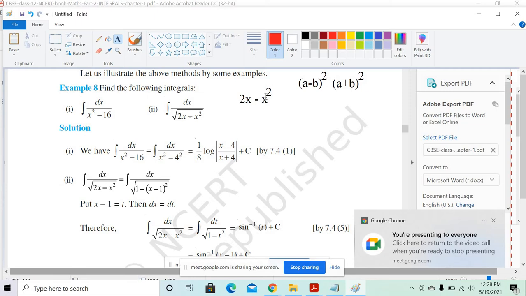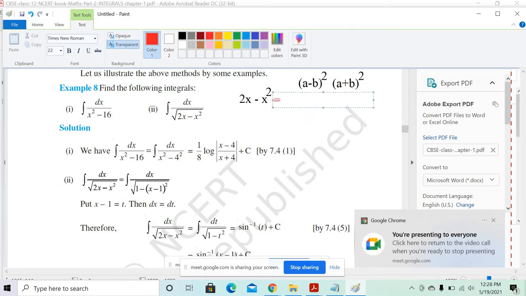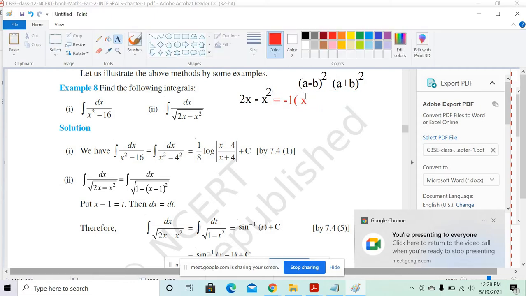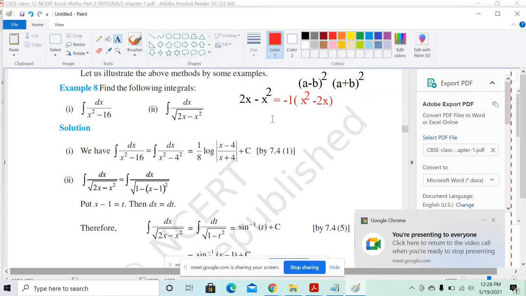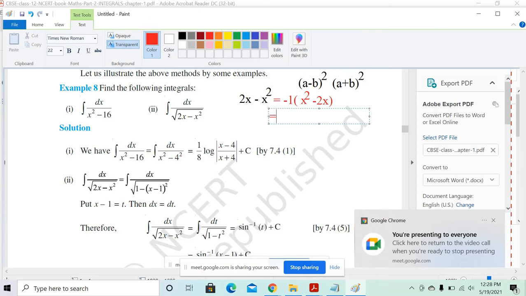Now 2x minus x square. Let's take the minus common here, so it will become the normal form: minus x square minus 2x. Right, fine. Now minus 1, I'll put a big bracket here. So x square minus 2x is there, and I need to see 2ab is 2x.